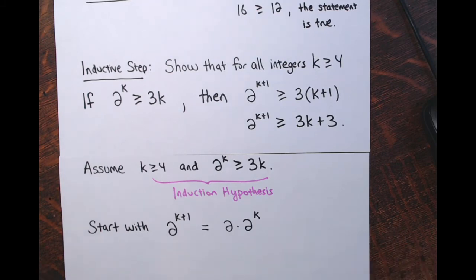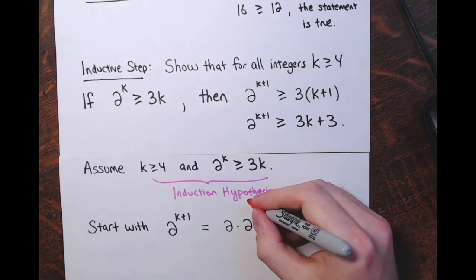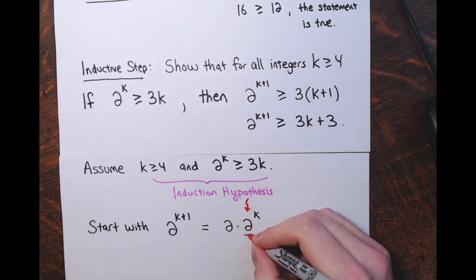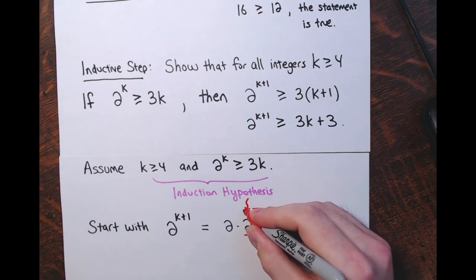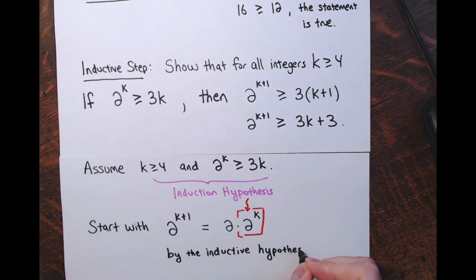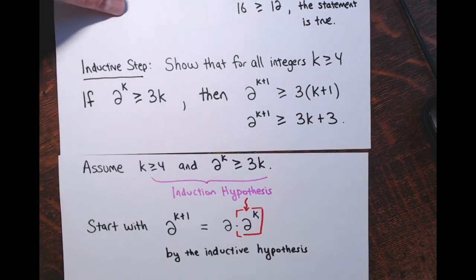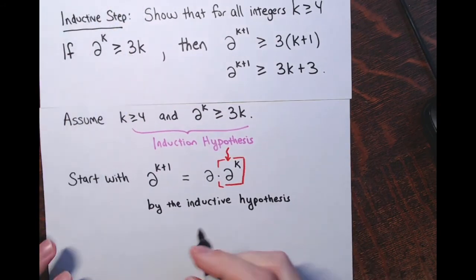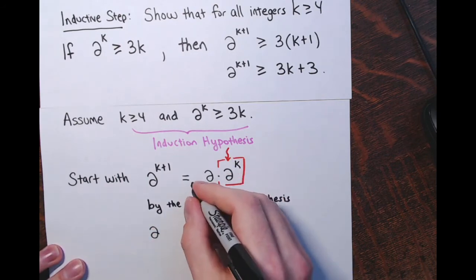And then here's where the inductive hypothesis is going to be applied. Right here, see this 2 to the k showing up. So by the inductive hypothesis, this 2, I'm just taking this down here.